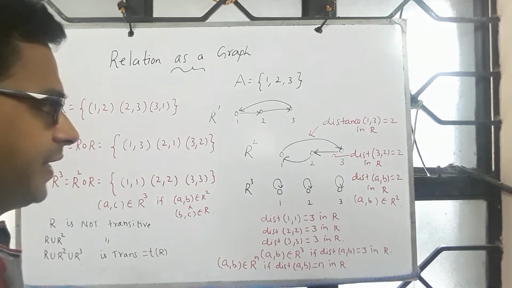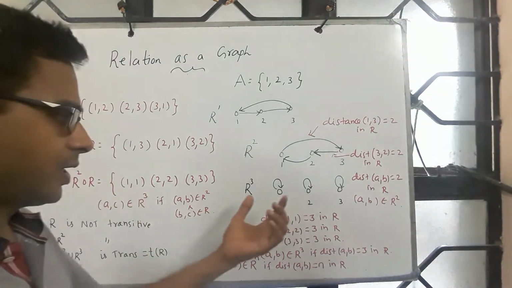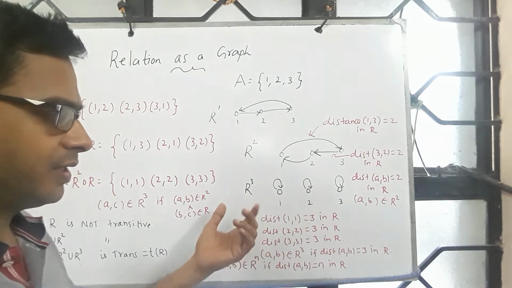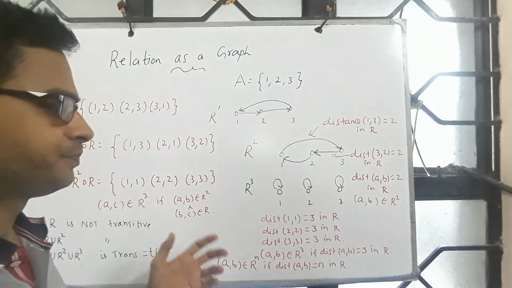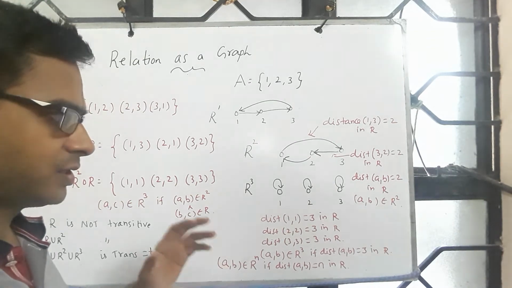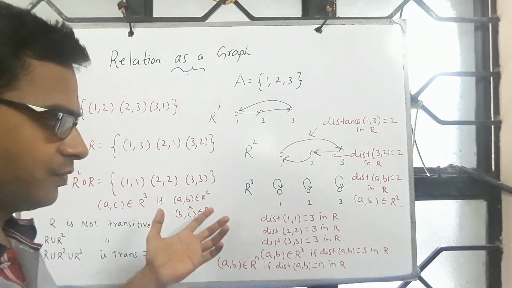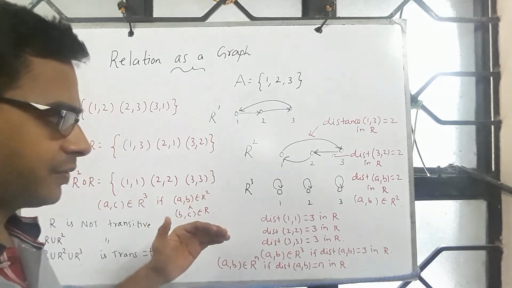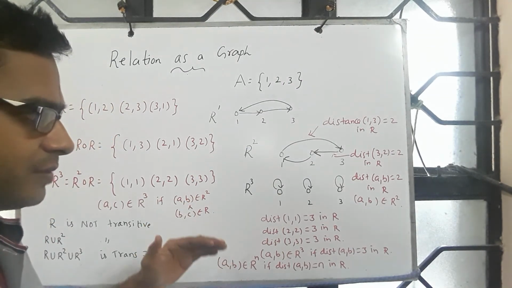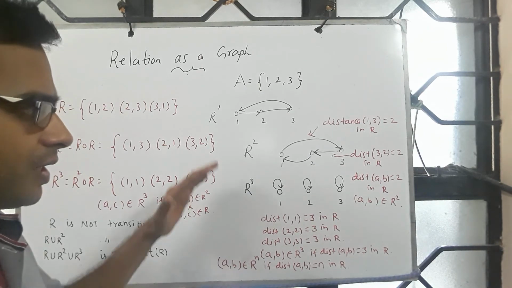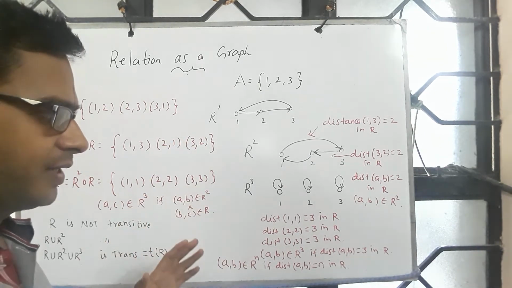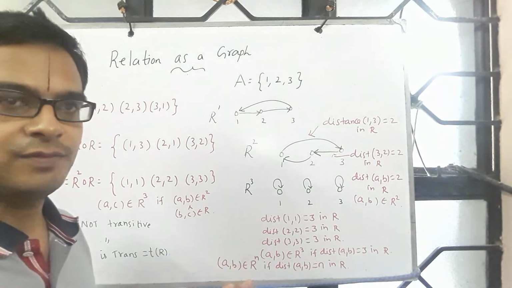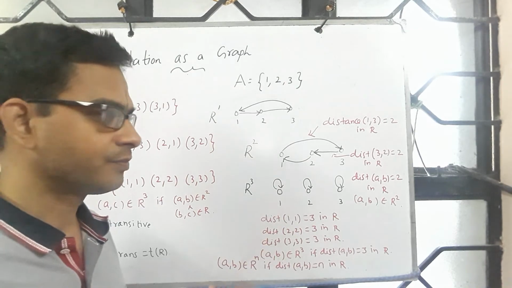So like that, in every iteration you pick pairs A comma B whose distance equals the iteration number. If the iteration number is 4, then you construct R power 4. You do this in a systematic way until R union R power i is transitive. Suppose at the ith iteration you see that R union R power i is transitive, you stop your approach.